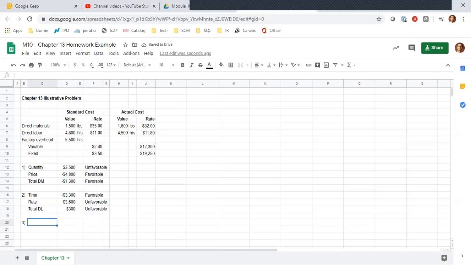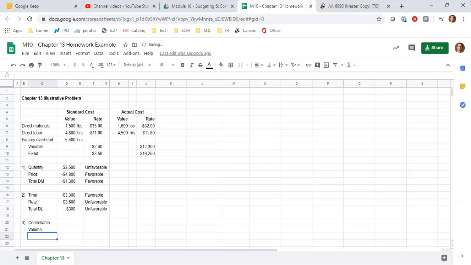Okay, last one. We want controllable, we want volume, and we want total factory overhead.